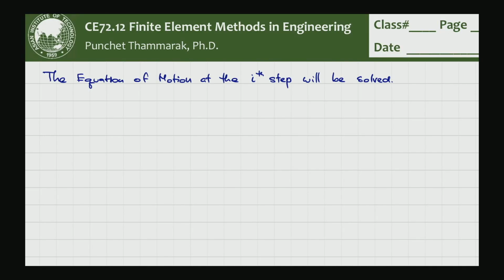So at the i step, then we're going to have the m u double dot i plus c u dot i plus k u i equals f at the i step.